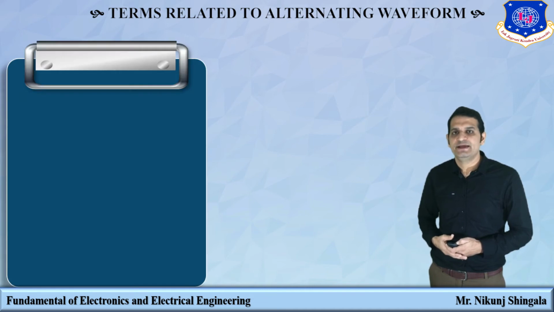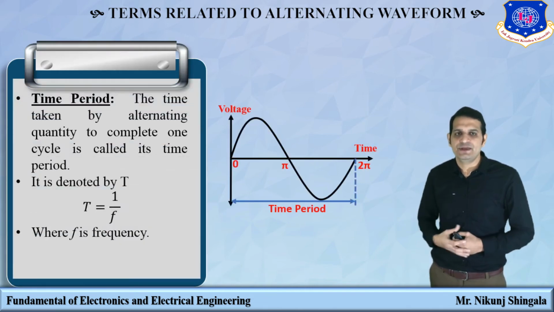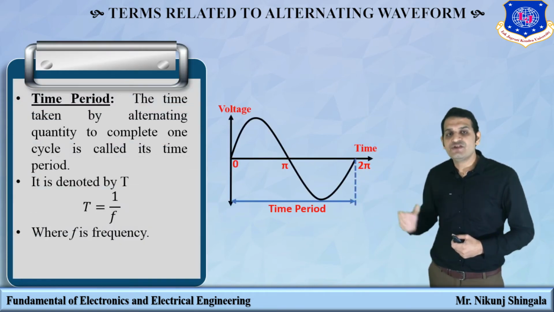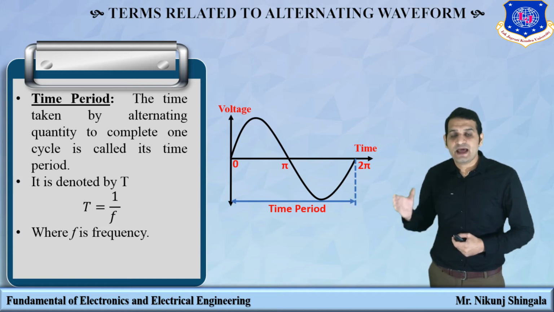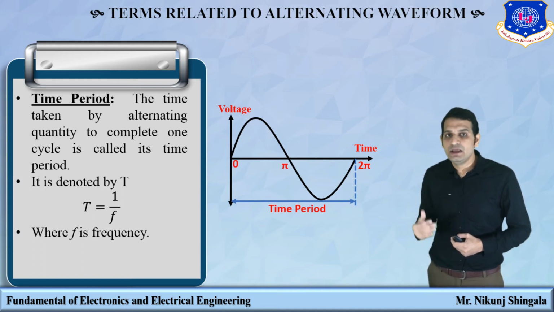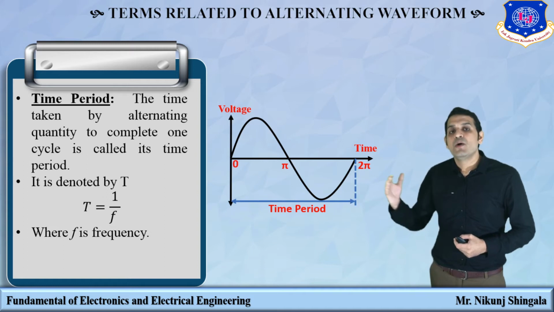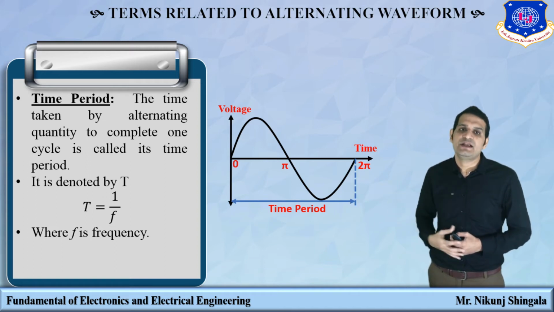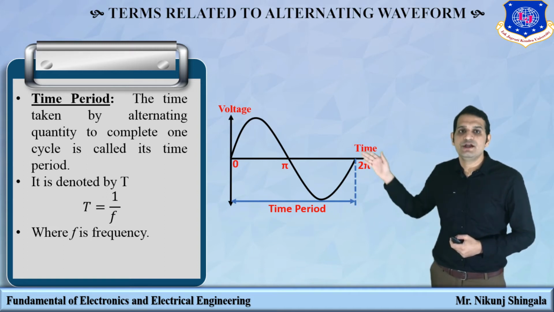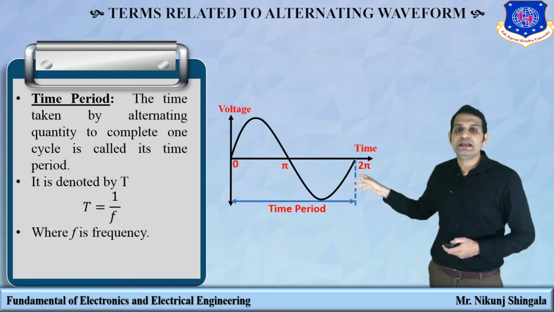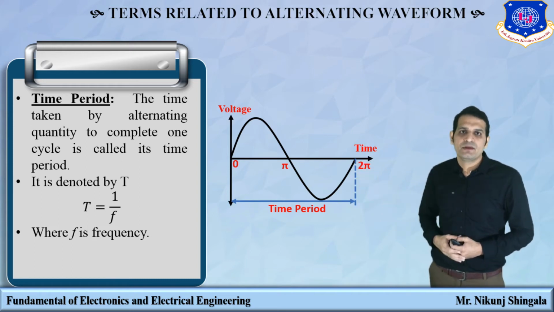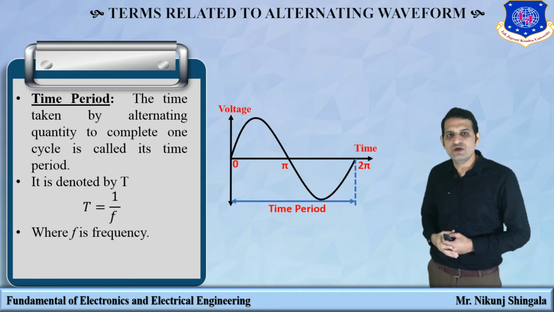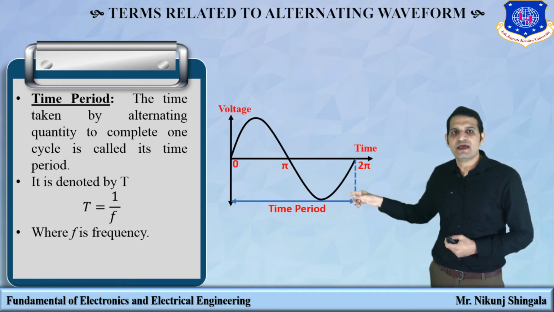The next one is time period. What is the definition of time period? The time taken by an alternating quantity to complete one cycle is the time period, which is measured in seconds and represented by capital T. Here you can see again the graph of voltage versus time, and one time period duration.